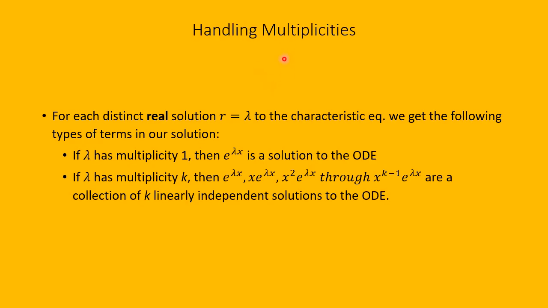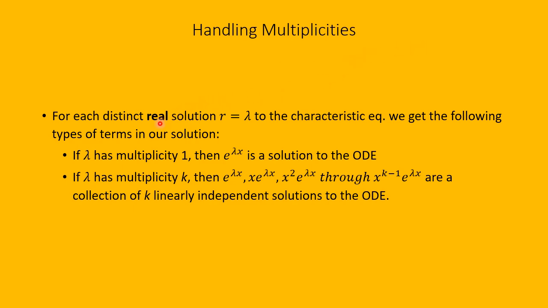Polynomial equations can have roots of multiplicity 1 or 2 or 3 or higher. And for the characteristic equation, we have a polynomial equation, and if we have, let's say, some real solutions to the characteristic equation, what sorts of linearly independent solutions to the ordinary differential equation can we get in that case?